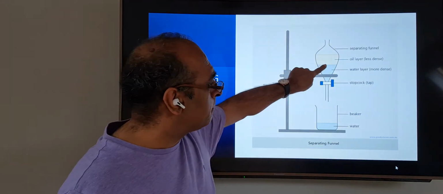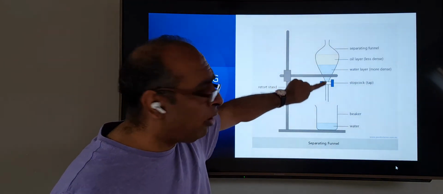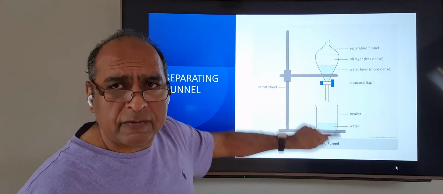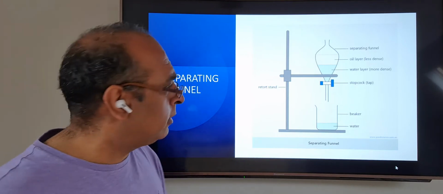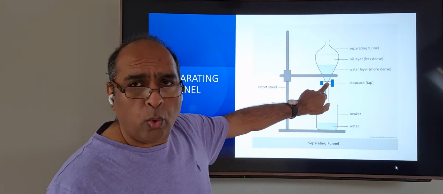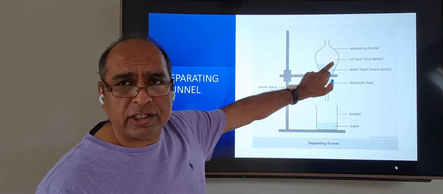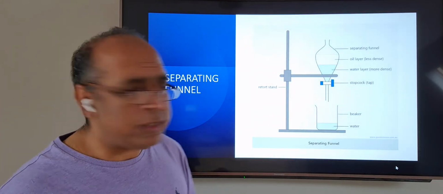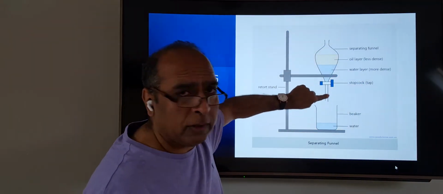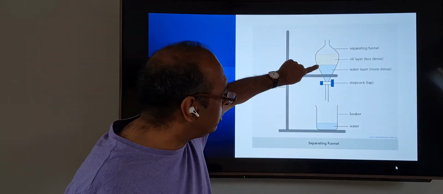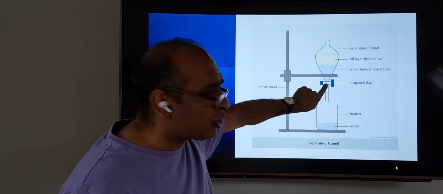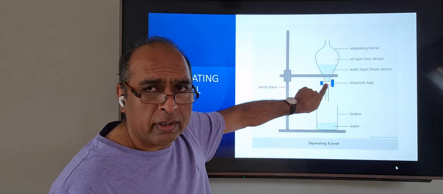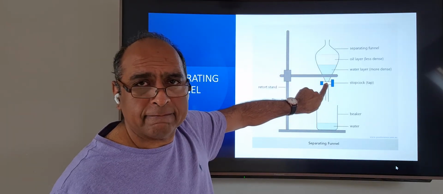You can stop the flow of the liquids out of the separating funnel until the water has left and the oil is still in there. So within a few drops you get that really well positioned, because you can see, this is normally glass, you can see where the two layers are coming through, and you stop it when the water's gone and the oil is still in there.